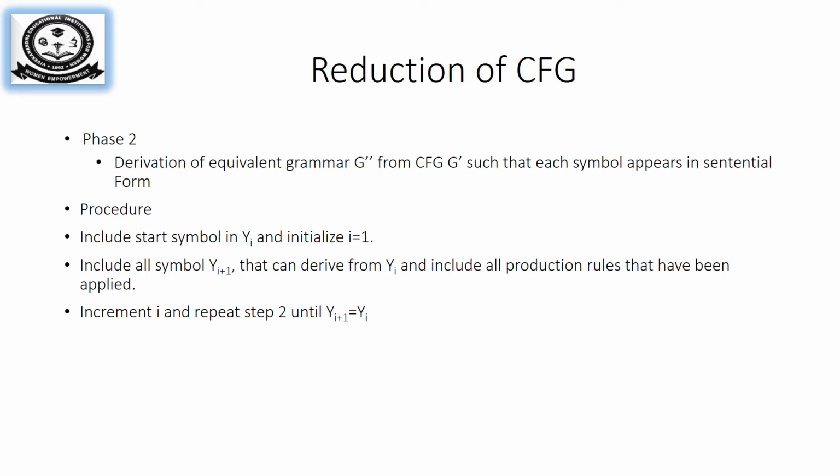With Y1, the non-terminal symbols we can derive will be included in Y2. Repeat the steps by incrementing i until there is no change in the Y set. We'll understand how phase 1 and phase 2 work with the examples we'll be seeing shortly.